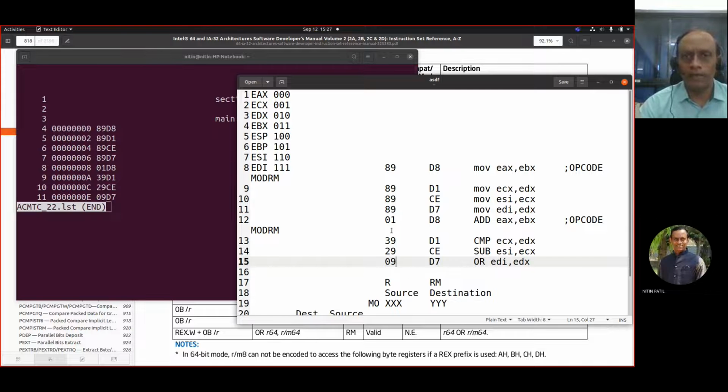Then the next instruction, add EAX, EBX: 01D8, 39D1, 29CE, and lastly 09D7. That's how we get the translation done for instructions having both operands as registers.